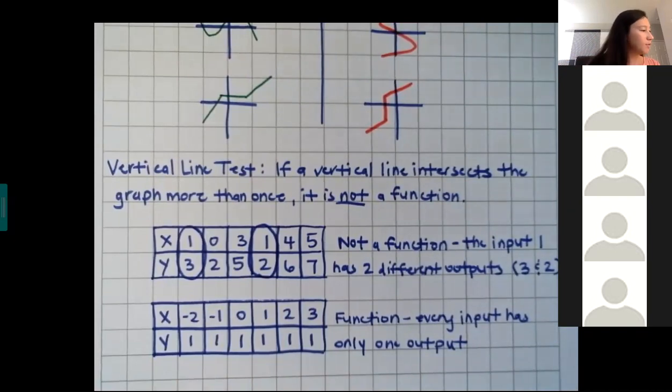Okay, so I'll give you a second to finish copying that down, and then let's go ahead and open your workbook to "Is it a function?" And that's like the 12th page in your notebook under Unit 2.